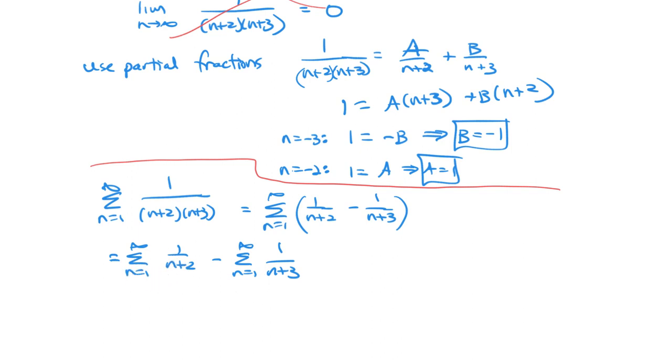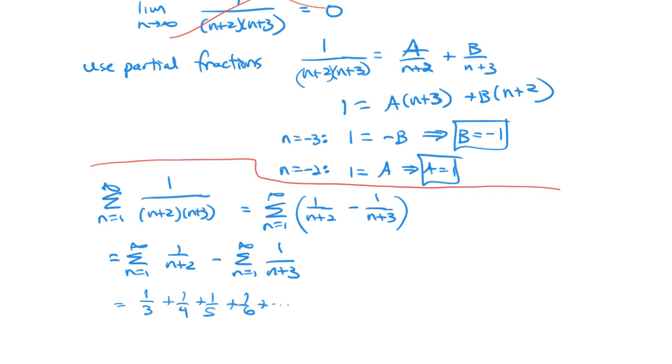So we can split this up just like we do there, and then let's list out some of these terms. When I plug a 1 in here, I'm going to get 1/3. Then 2 gives me 1/4, and then 3 gives me 1/5. And these are all being added, it's the sum. So we get 1/3 plus 1/4 plus 1/5 plus 1/6, and it keeps on going.